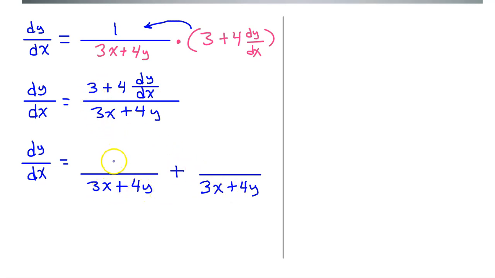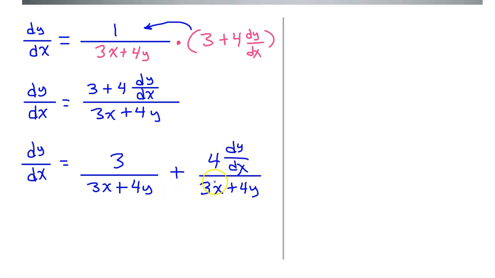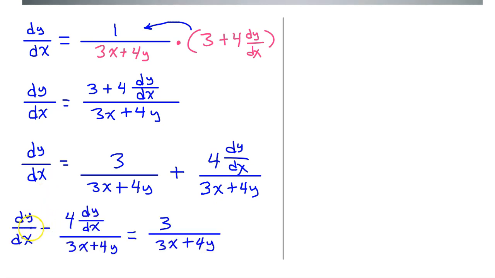I take the first term and put it in the first fraction, and the second term goes in the numerator of the second fraction. All the dy/dx's need to be on the left side of the equation. So I'm going to subtract this entire fraction to move it to the other side. The reason why we put the dy/dx terms together on one side of the equation is so that we can factor out the dy/dx as a common factor.